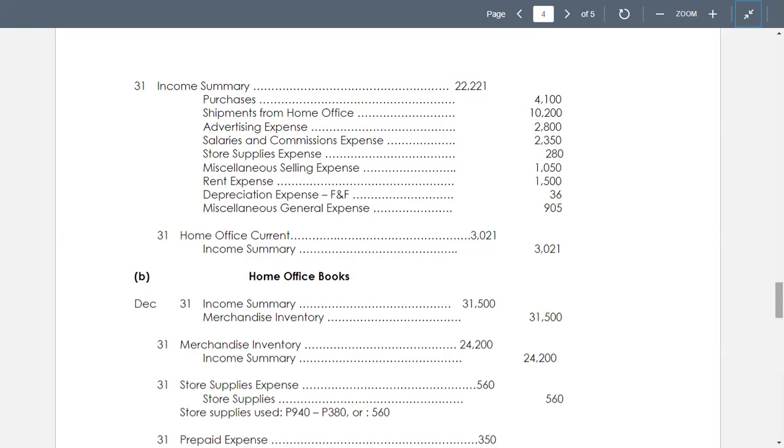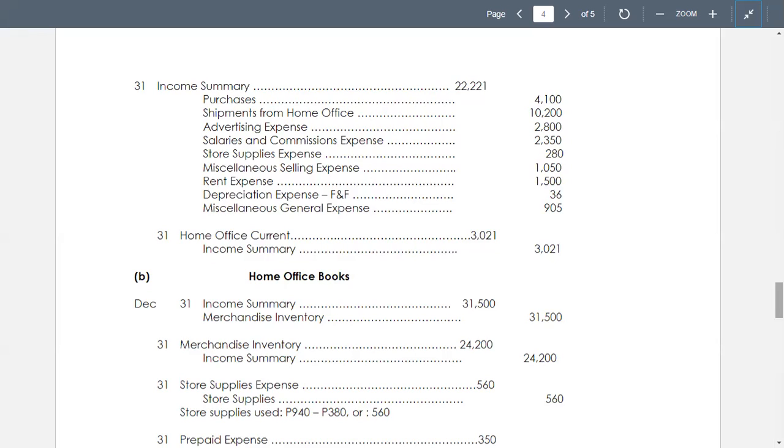Also, we debit store supplies expense for 560 and credit store supplies. The original balance of the store supplies account given in the trial balance is 940, and on December 31, store supplies on hand is equal to 380.